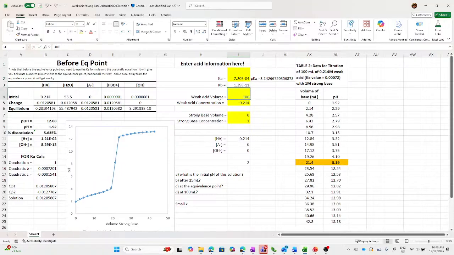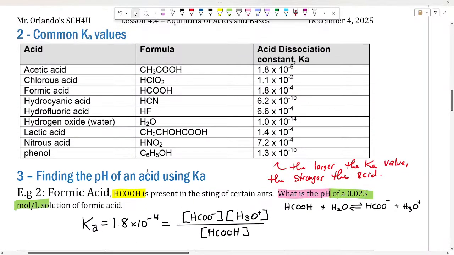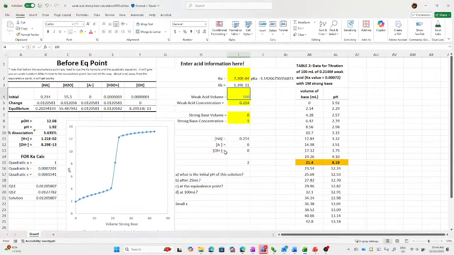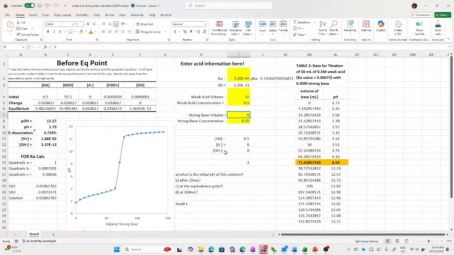All right, now listen. You can actually put all the information here. In this question, I'm going to do something different. I'm not going to give you the one we just made. Let's say we had 50 mL, and let's say its concentration was 0.500 molar. Then, let's say that we had a strong base that had a concentration of 0.35 molar. Now, look what this does for you.